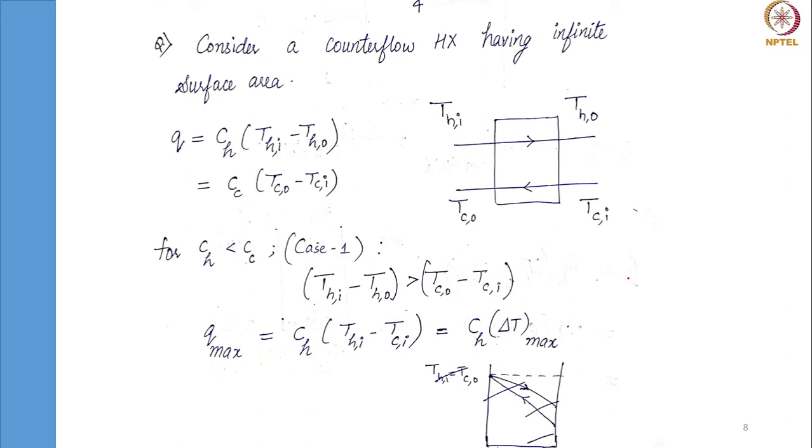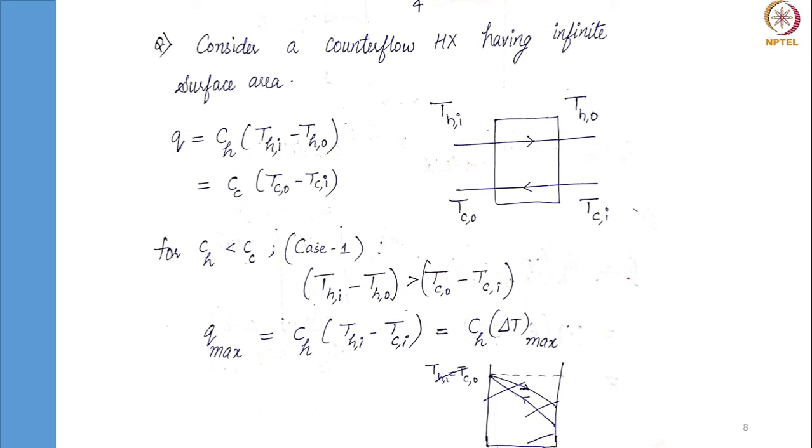Why only counterflow? We can do it for other configurations also, but to take a case and work it out, I have taken a counterflow heat exchanger. T_H,in and T_H,o are the inlet and exit, and T_C,i and T_C,o are the inlet and exit of the cold fluid temperatures. Subscript H is hot, C is for cold.